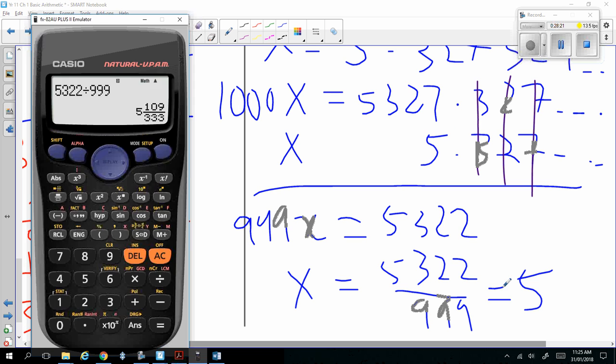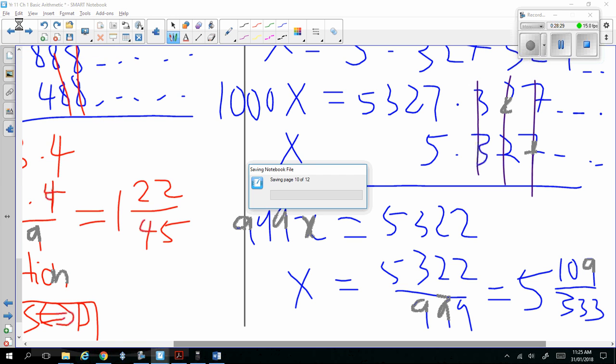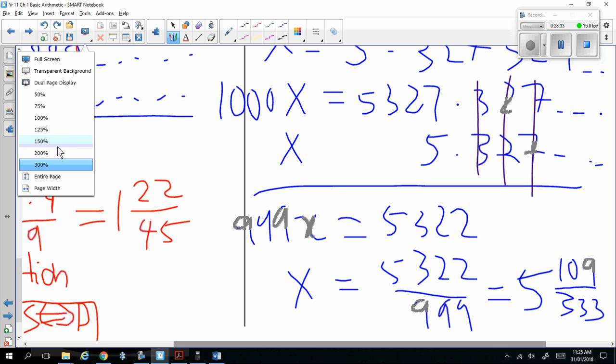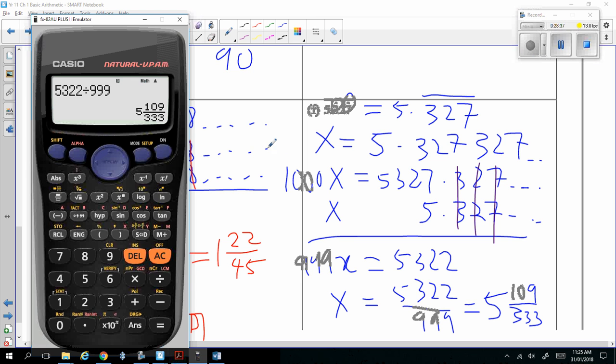Okay. Now before I finish, I want to tell you that you can do this with a calculator, but you do need to show this working. Say for example I type in 5.327 with the repeating part, but it's going to take a long time, you have to type a lot. Equals.